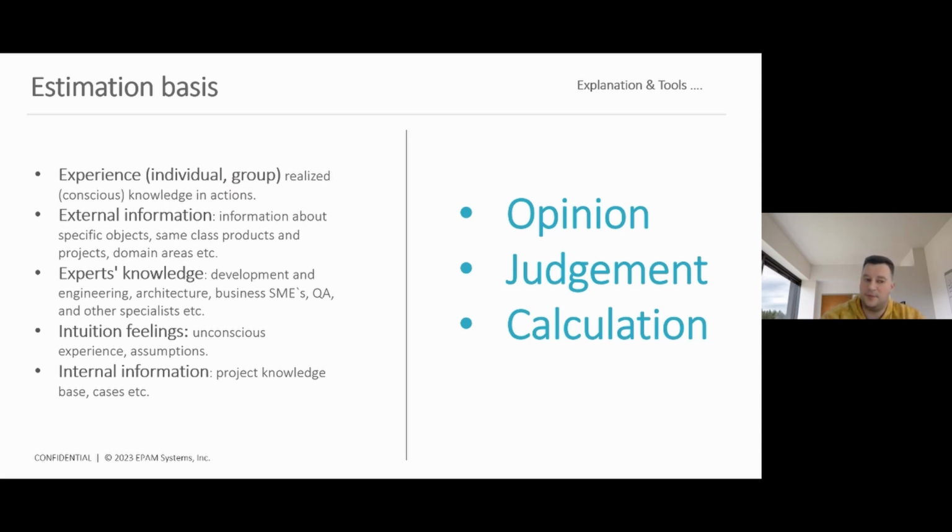When the guys in the team don't have enough understanding of the domain, you need to provide some additional support, and this support for your estimation basis could be on the experts' side. So expert knowledge, I mean internal experts, external experts, if you need them, will provide development and engineering, architecture, business SMEs, QA, and other specialists.